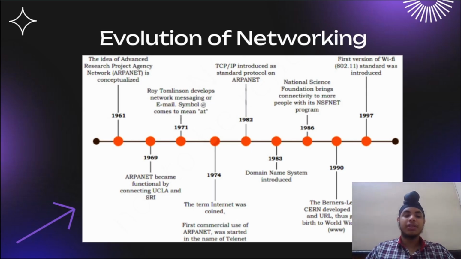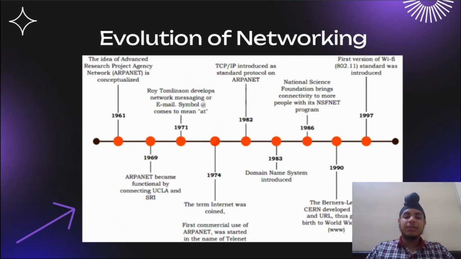UCLA is the University of California, Los Angeles, and Stanford Research Institute is also an institute or university, and they were connected through a network in 1969 with the help of ARPANET.